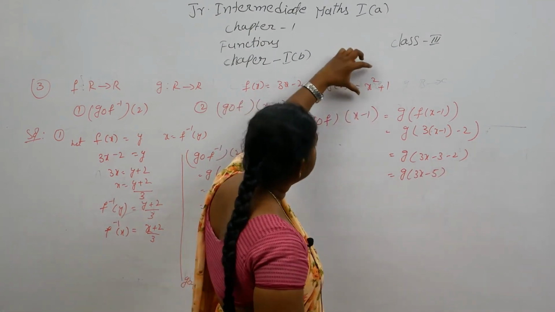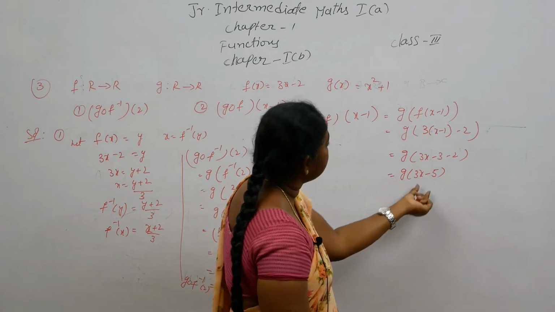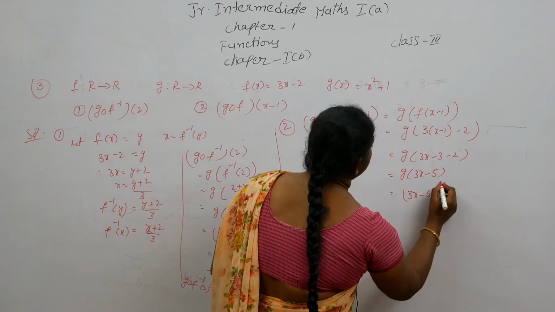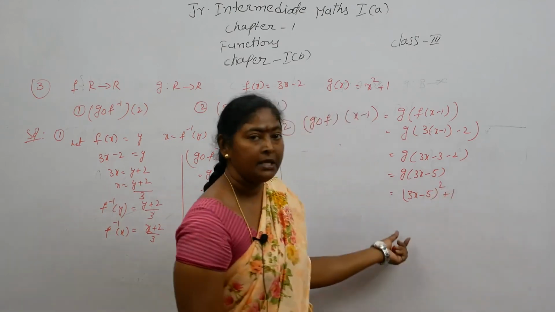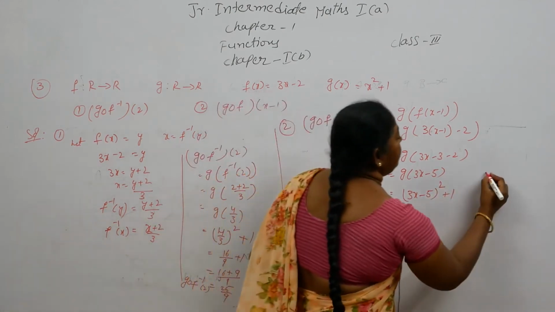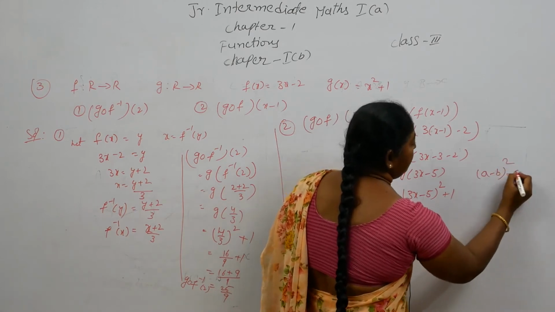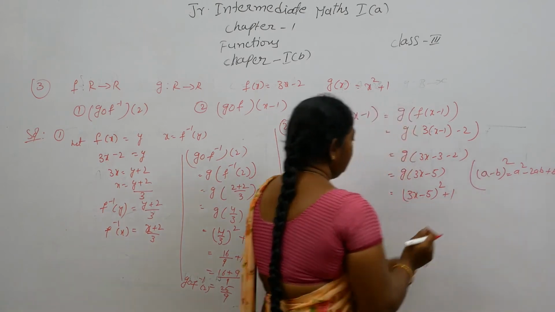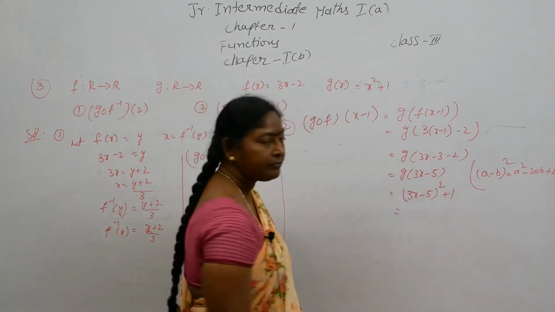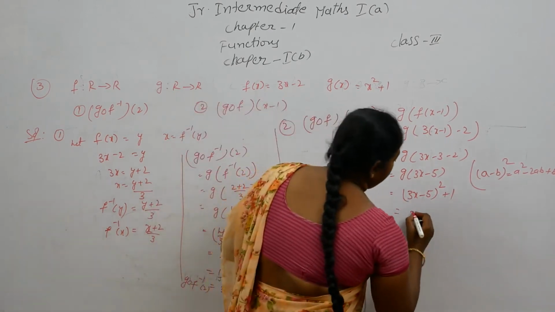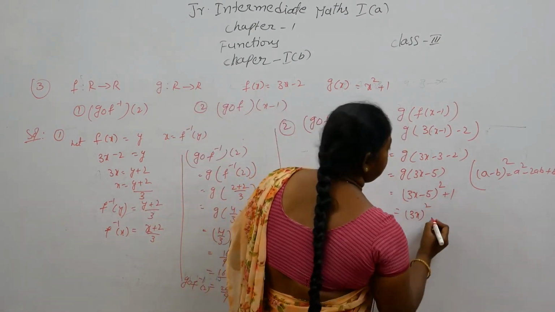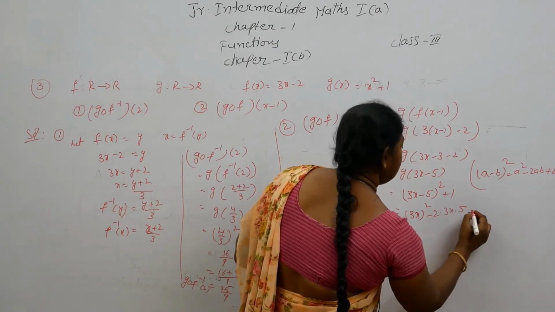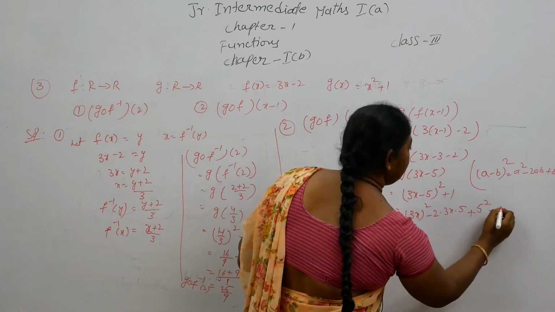So here, in g of x, in place of x we have to substitute this value. So 3x minus 5 whole square plus 1. So we know by using a minus b whole square formula equal to a square minus 2ab plus b square. We are using this formula here. So a square means 3x whole square minus 2 into 3x into 5 plus 5 square minus 1.